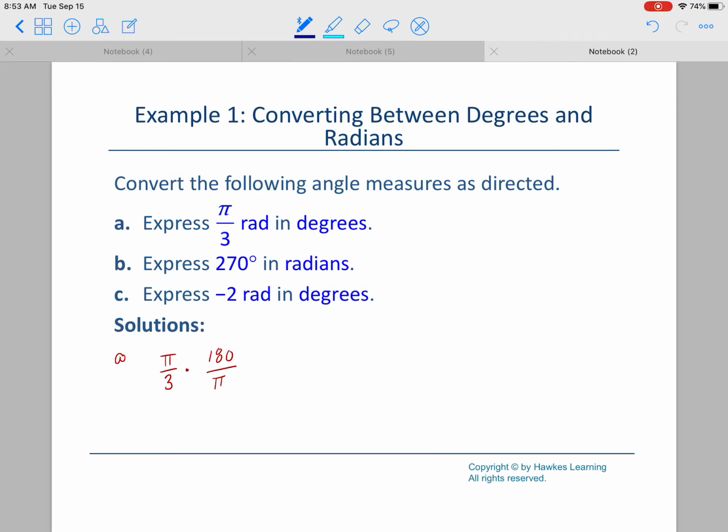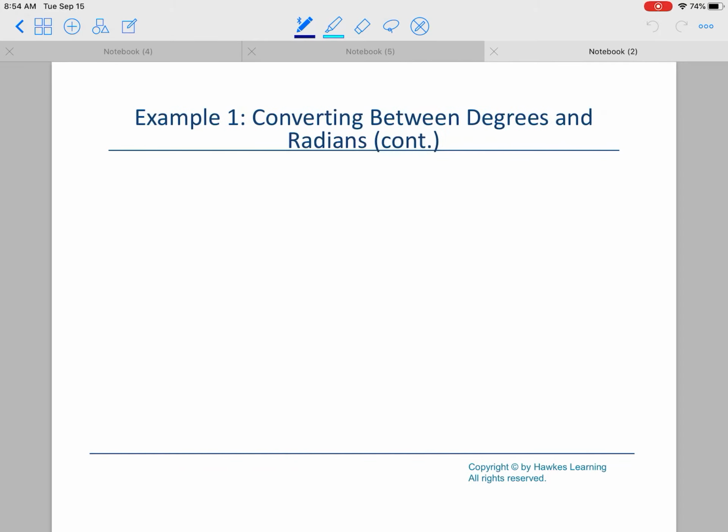The nice thing is my pi's are going to cancel each other out. And I'm going to get 180 over 3, which now just gives me numbers. I am now in degrees. And 3 goes into 180 60 times. So this is 60 degrees. Now, 60 degrees and pi over 3 is a prominent point on your unit circle that we're going to talk about in just a minute. Eventually, you're going to have the whole unit circle memorized all the way around the circle, specific points, degrees and radians.